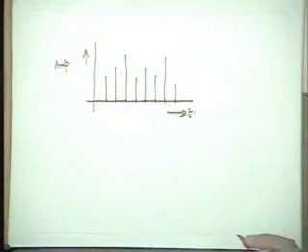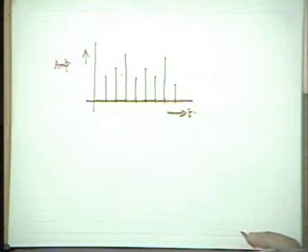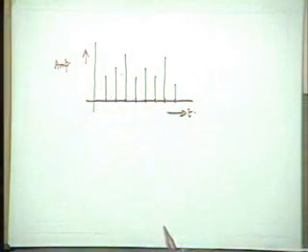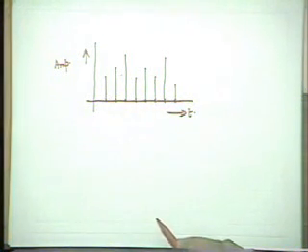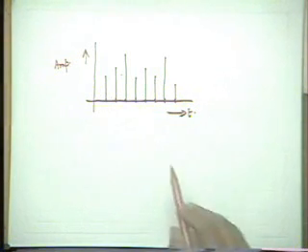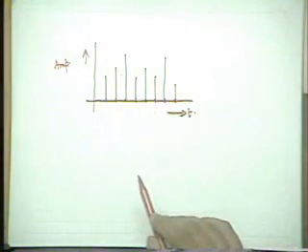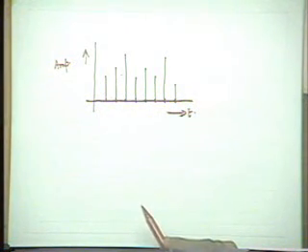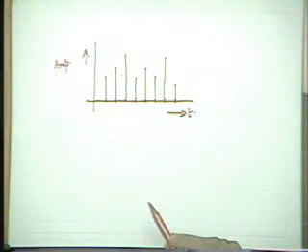And our objective now is to find out the intensity value at some point in between. So from this set of discrete points, we are going to reconstruct a continuous waveform, or rather approximate a continuous waveform, because we have already lost the original continuous waveform when we took the samples.